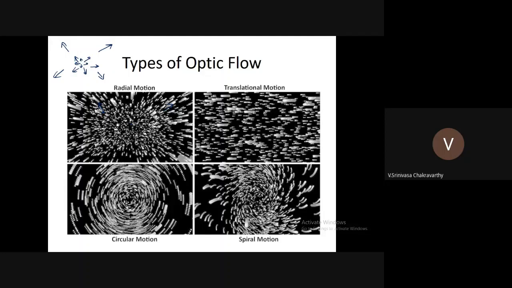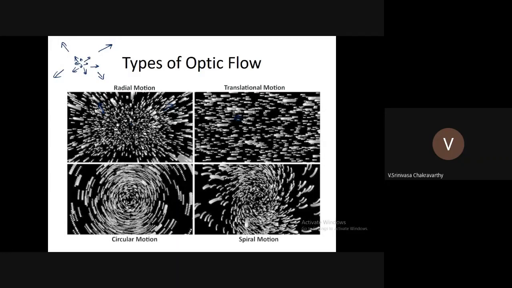When you are going away and looking backwards, the same thing is seen, but with all the arrows reversed. Now, if you are going in one direction, you look at the objects outside, like when you're traveling in a train, and you see all the objects going backwards. Okay, so this is a bunch of points moving in one direction. That's translation motion. Here, all the points are moving outwards radially. That's radial motion type of optic flow.